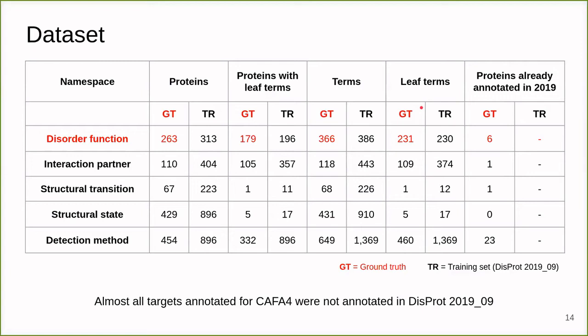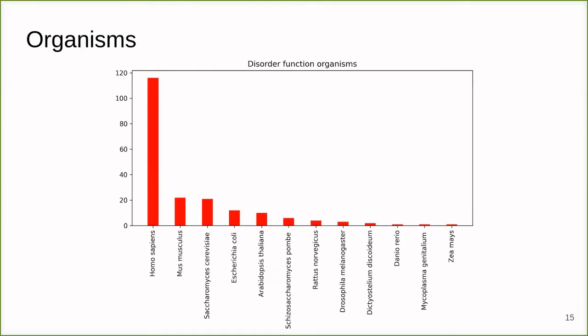What's interesting also is that only 6 out of these 263 proteins were already annotated with a functional term in 2019. So for the evaluation, we only considered the no knowledge mode. So almost all proteins are new targets.